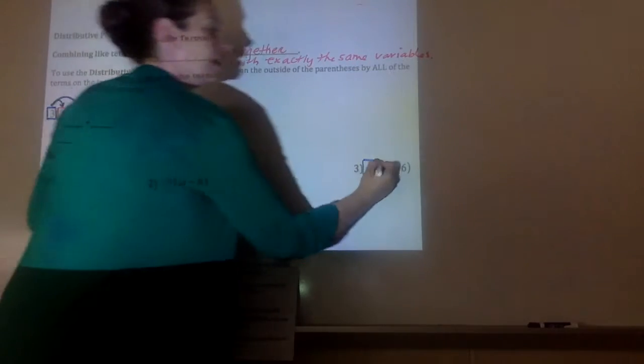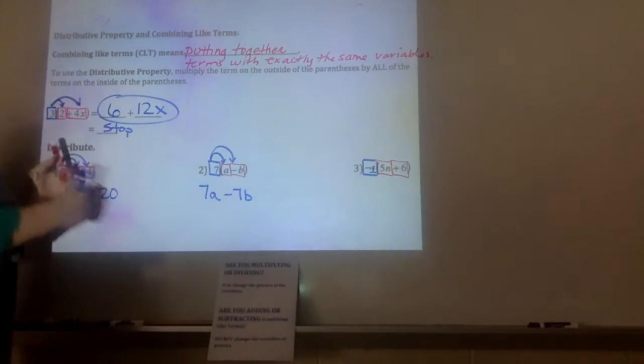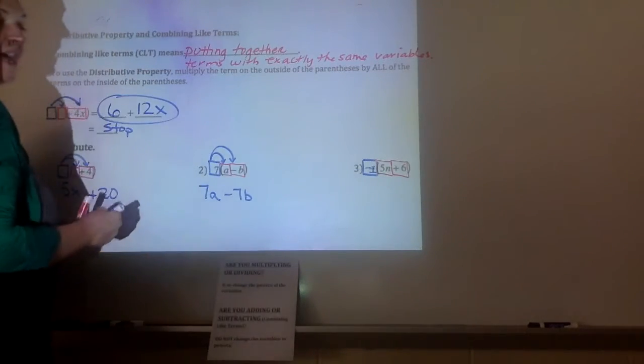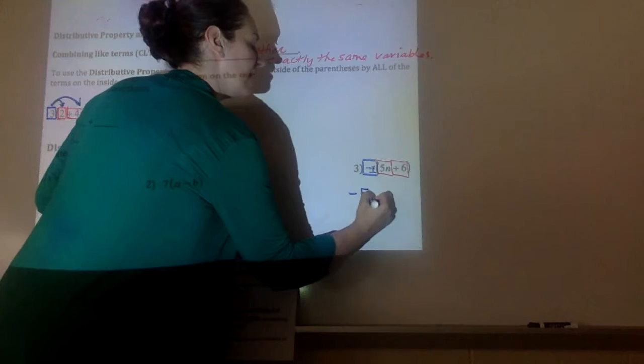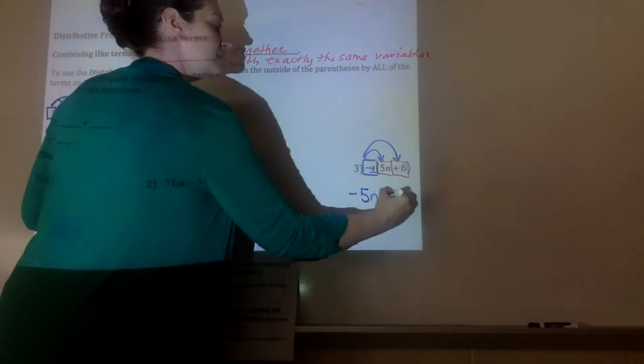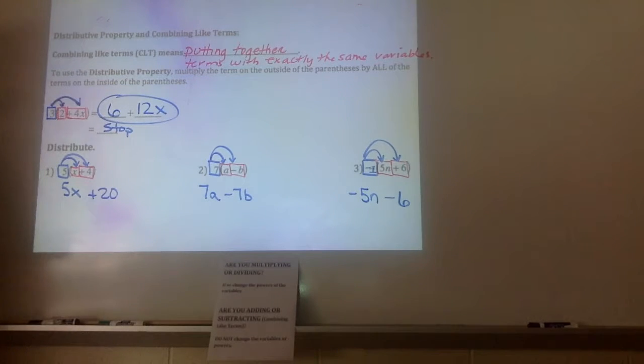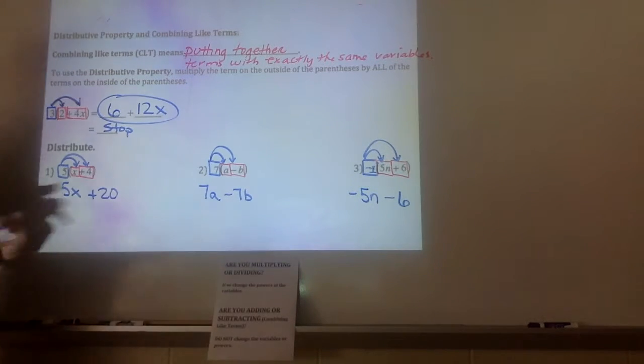In number 3, I have two things. I can take negative 1 times 5n, which gives me negative 5n. Negative 1 times positive 6 is negative 6. However, at this point, I would like to call your attention to the following rule.